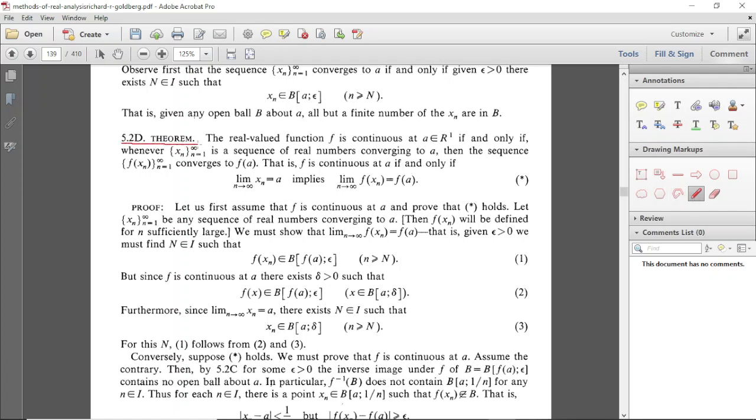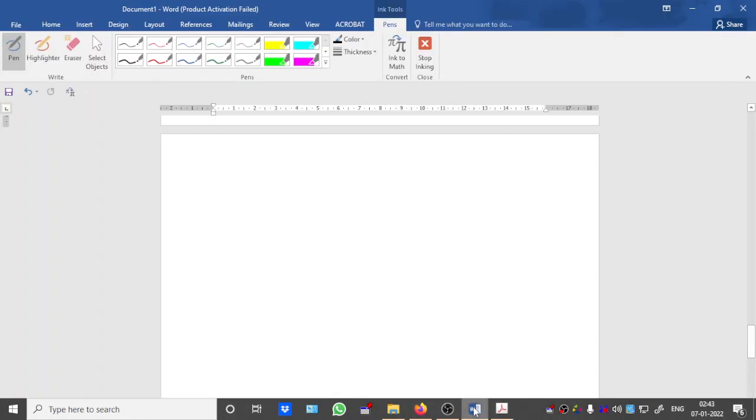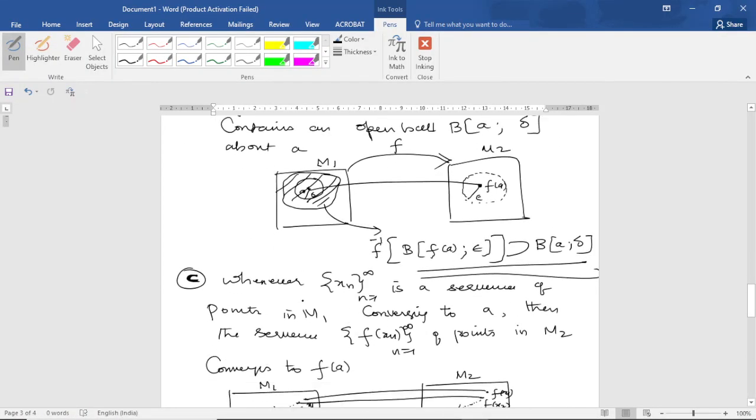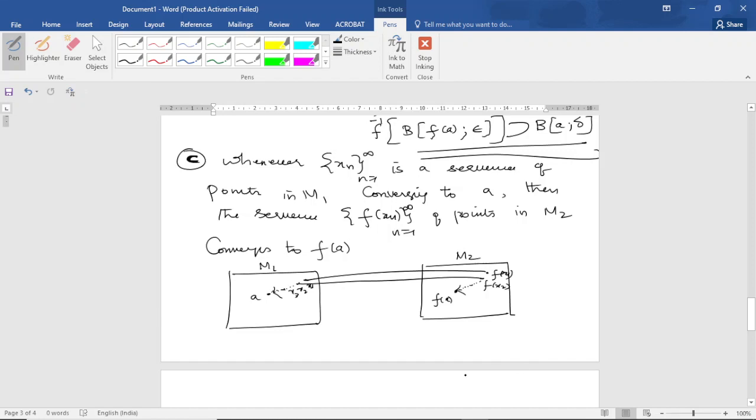It was proved for real valued functions: a real valued function f is continuous at A. See, this statement C, I am giving the hints for the proof of statement C. Statement C is for a general metric space M1 to M2.